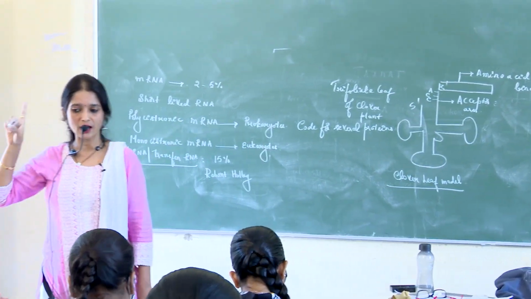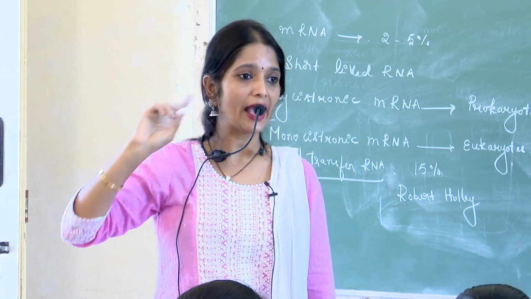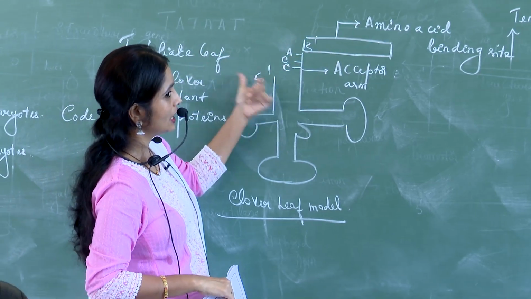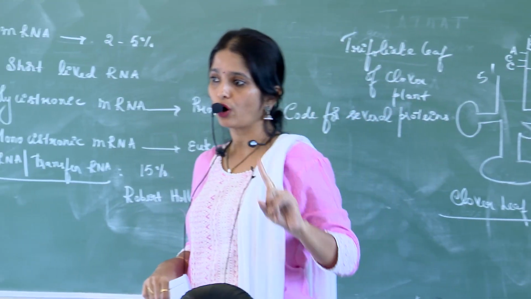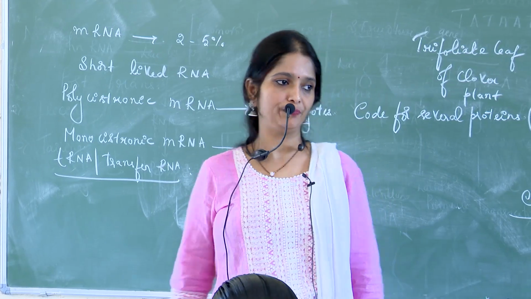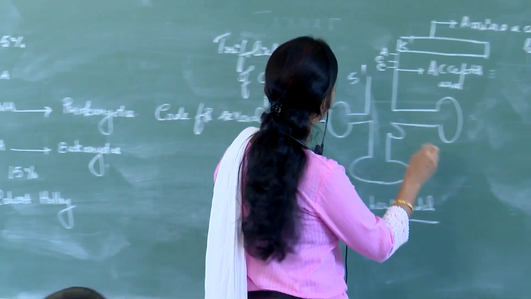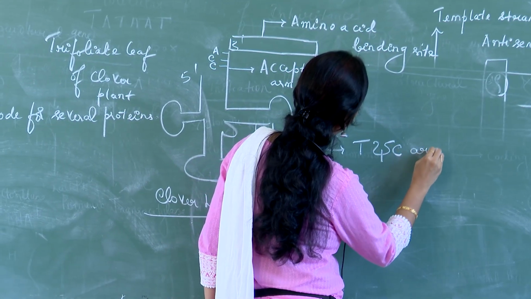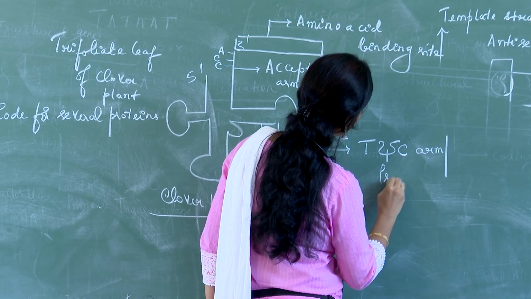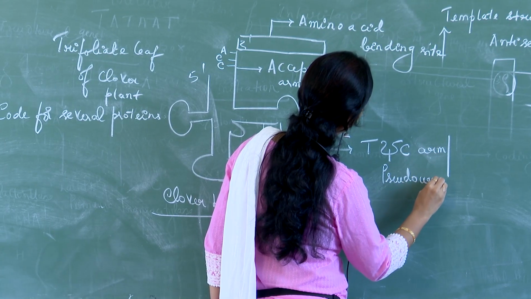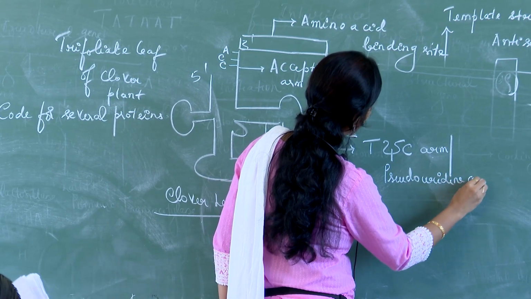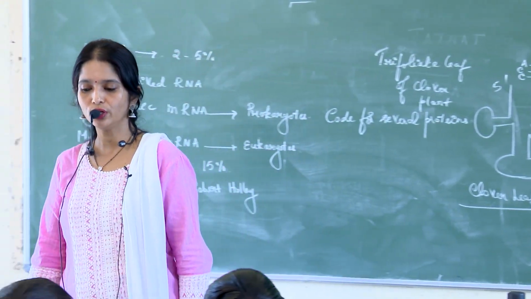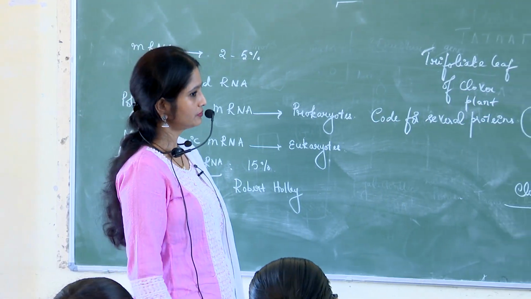So what is the first arm? Acceptor arm. In the acceptor arm you can see it has got a stem, but this arm has no loop. The next arm is known as the T-psi-C arm or pseudouridine arm, right?